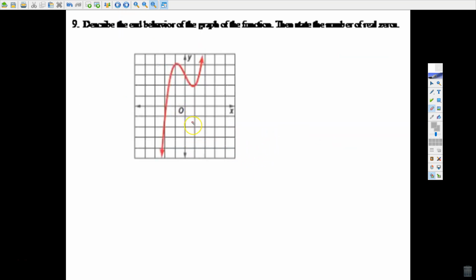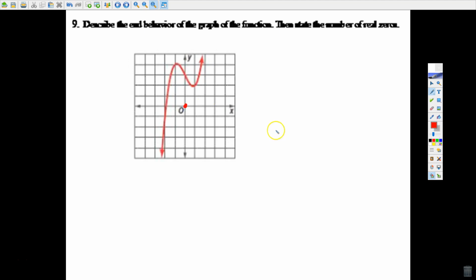Okay, so here's a review problem with end behavior, and then we're going to state how many real zeros there are. In case you're having a little trouble seeing this, here is my x-axis. You can see it identified. The origin is right here.